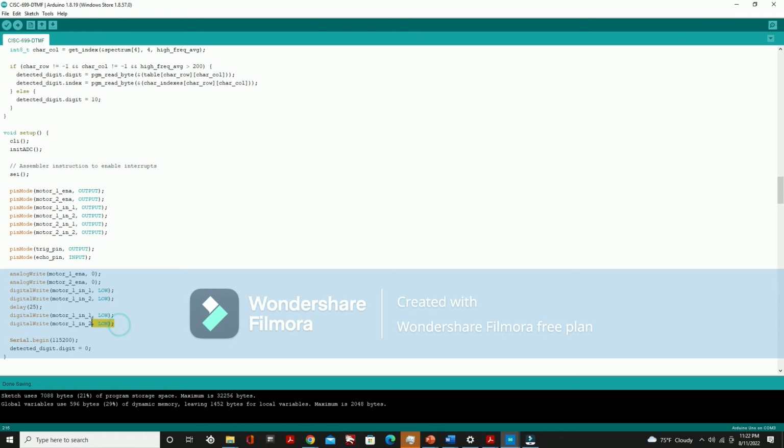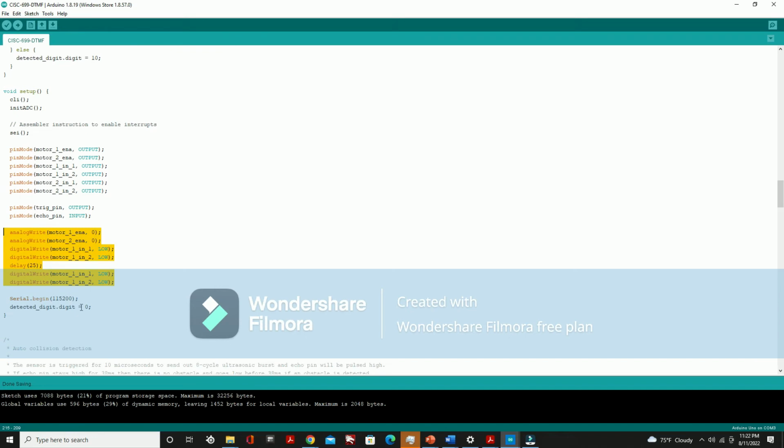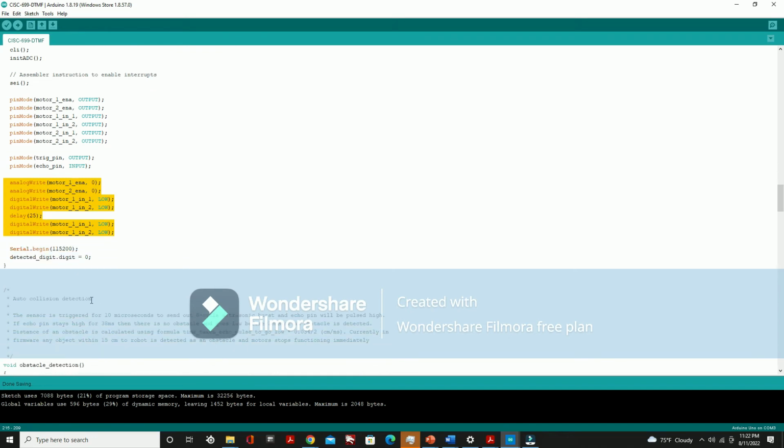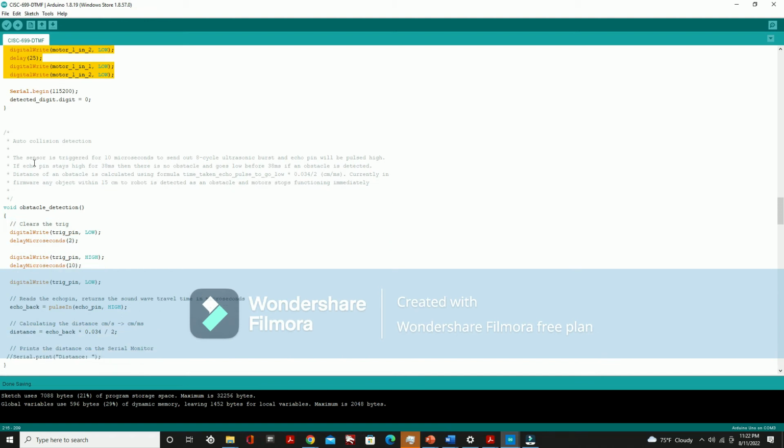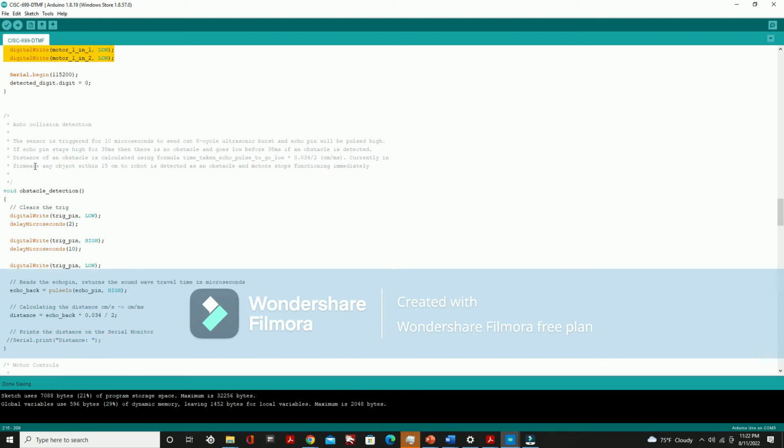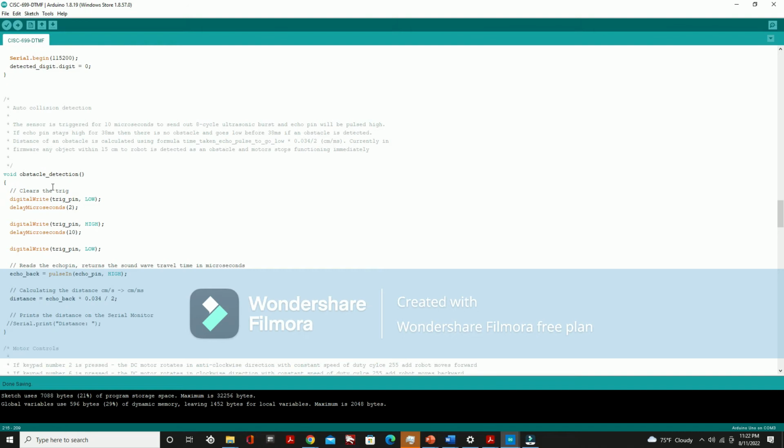This is the piece of code that initializes the DC motor. So here I have initialized the DC motors to off mode, and here comes the auto collision detection I was talking about in the project demo.